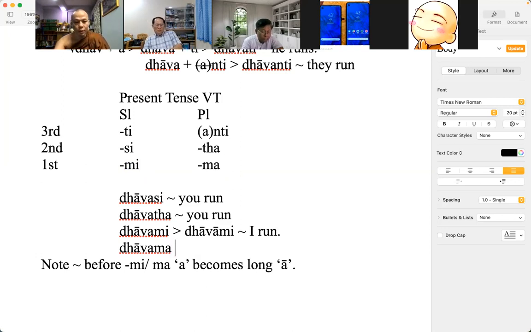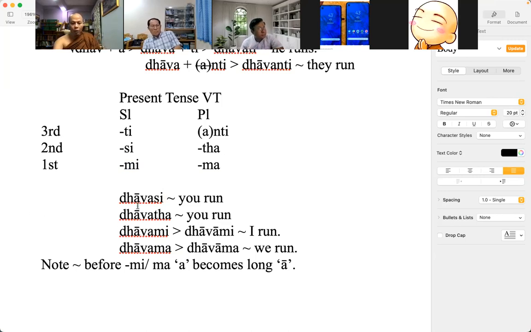In the same way, dawama, before the ma, this a becomes long ā. So dawāma. So ma is first person plural. That is why, we run. We run.